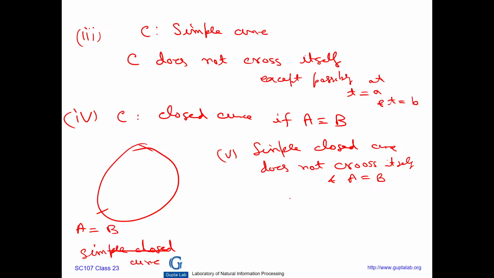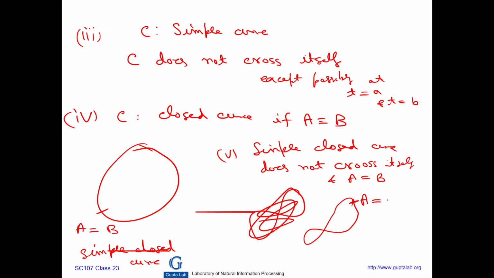Okay, what about this curve? This is a closed curve. This curve is closed because t is equal to a and t is equal to b is the same. But is it simple? No, because it is crossing itself.